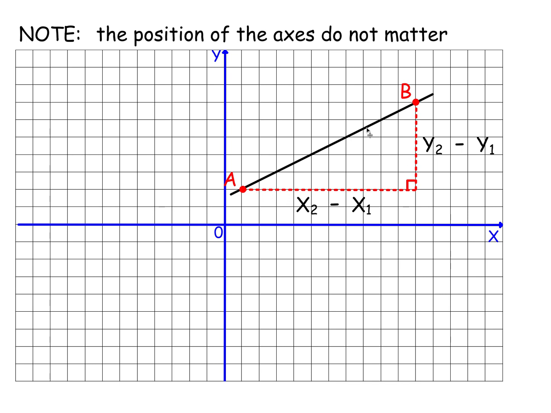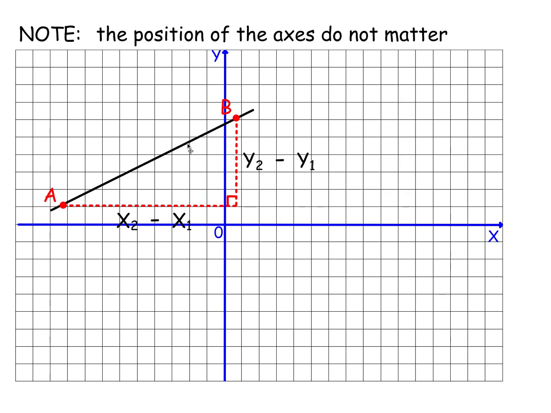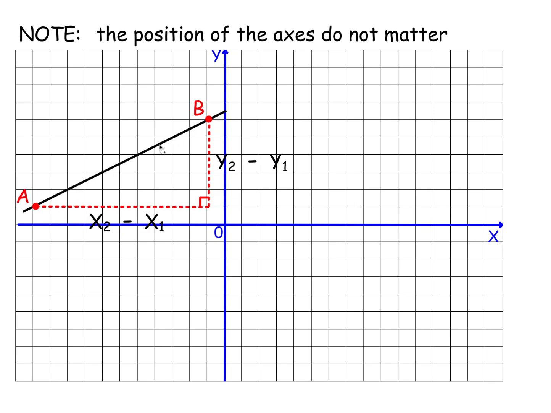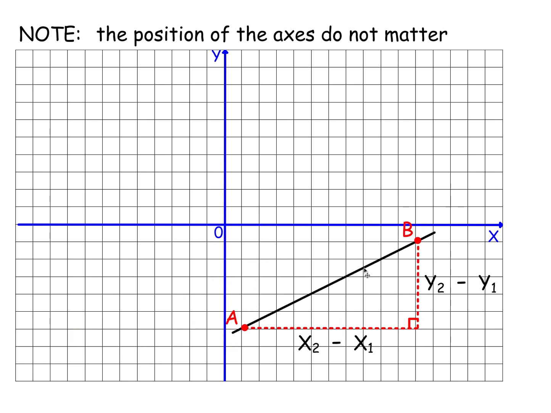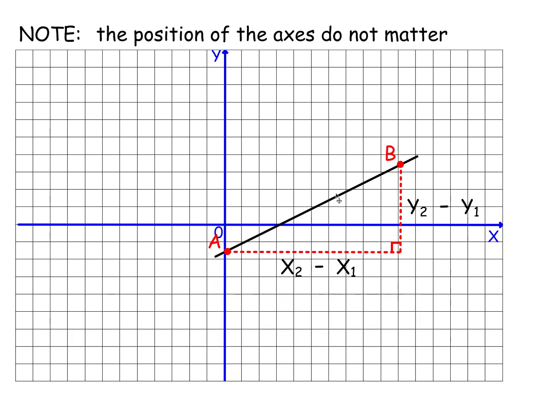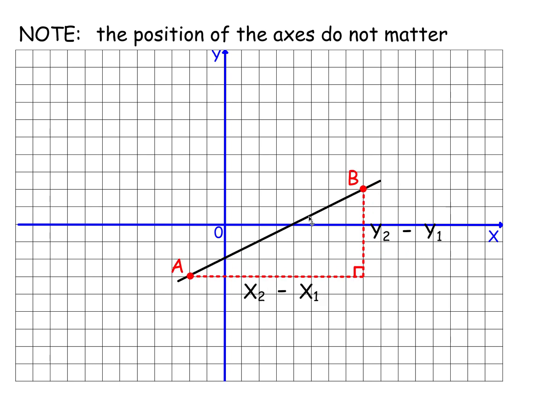The gradient of the line AB doesn't change wherever points A and B are placed in the coordinate plane. It's always simply the x difference and the y difference that determines the gradient. So the slope of the line is the y difference over the x difference.